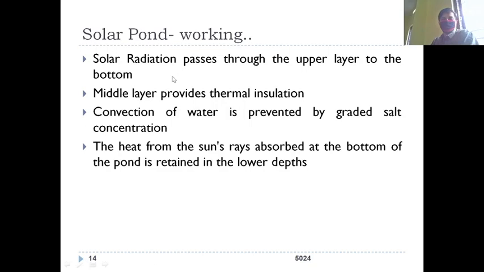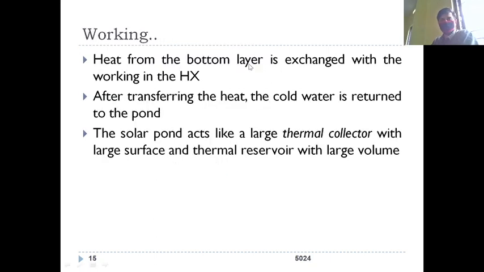So let us see the working. As we have seen, solar radiation passes through the upper layer to the bottom. The middle layer provides thermal insulation. Convection of water is prevented by this thermal insulation or salt gradient layer. The heat from the sun's rays absorbed at the bottom of the pond is retained in the lower depths. Now the thermal energy from the bottom layer is exchanged with the working fluid in the heat exchanger.